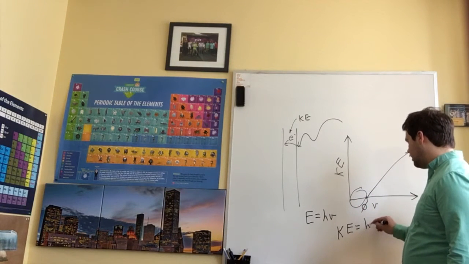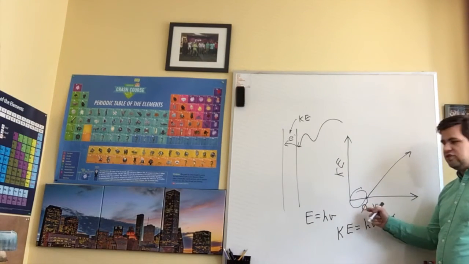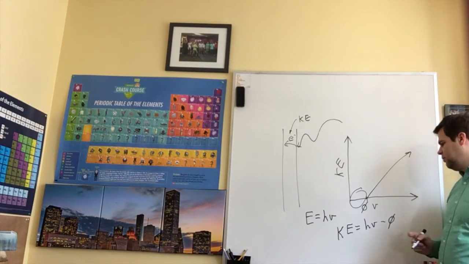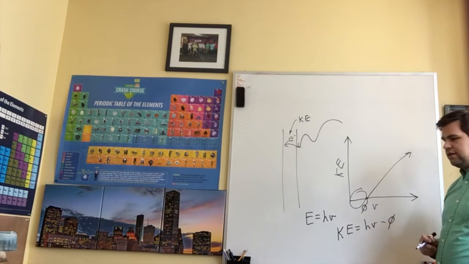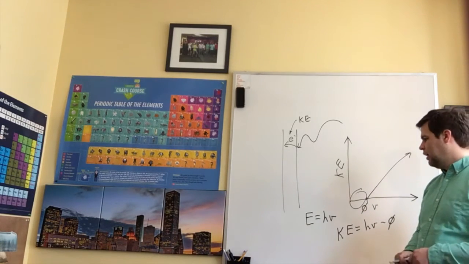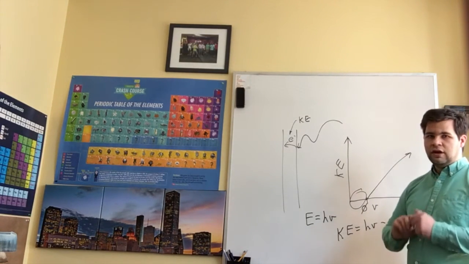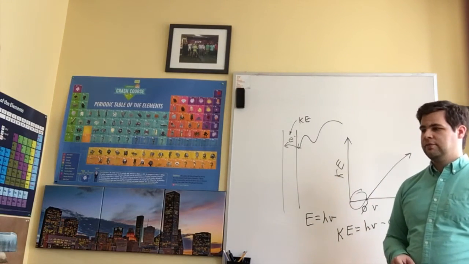So the idea is that you need some minimum energy to eject the electron, and then any excess energy above that goes towards the kinetic energy. And that was the central result of Einstein's paper.